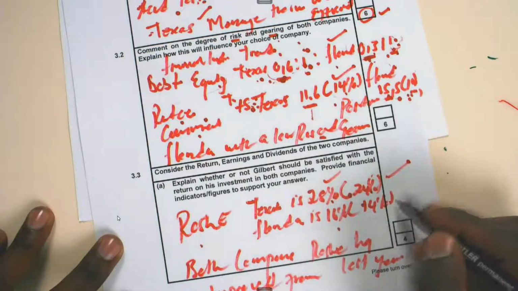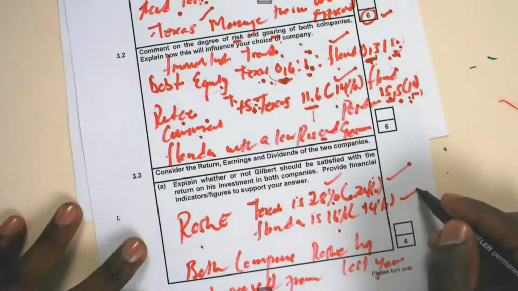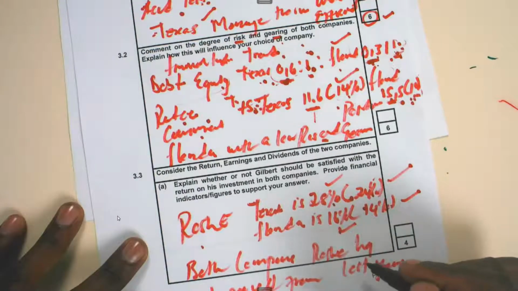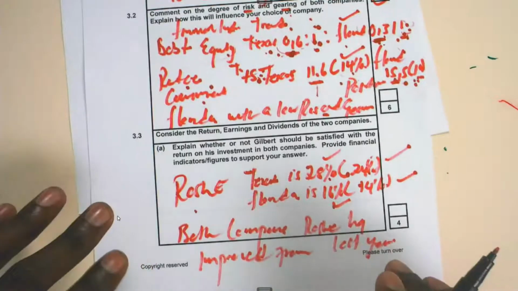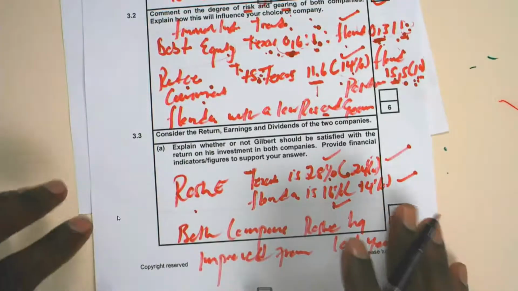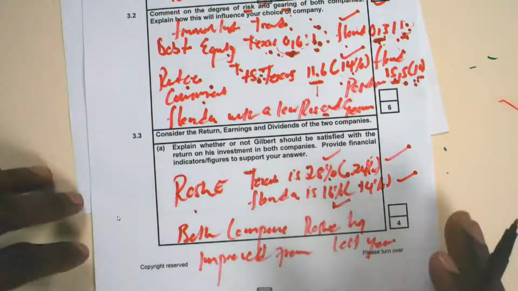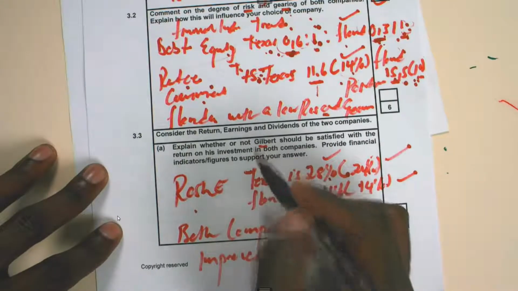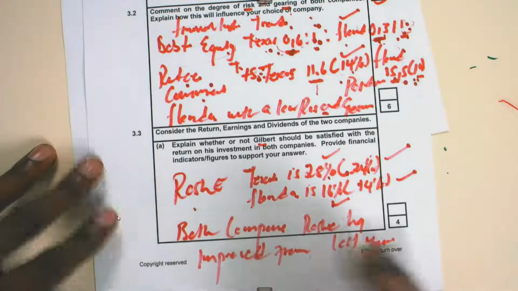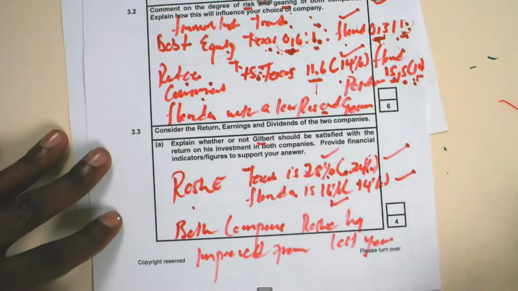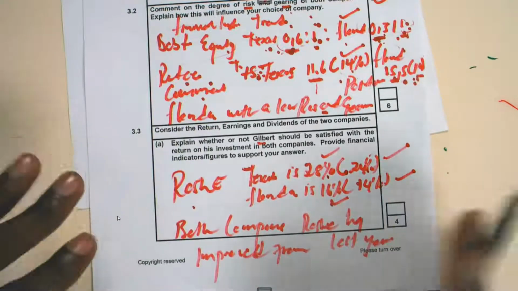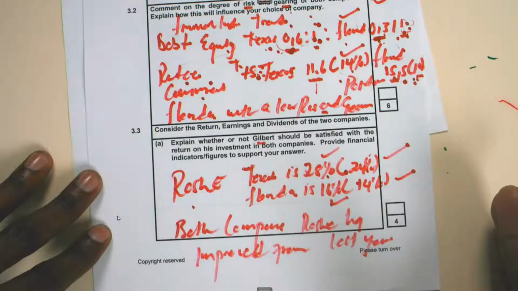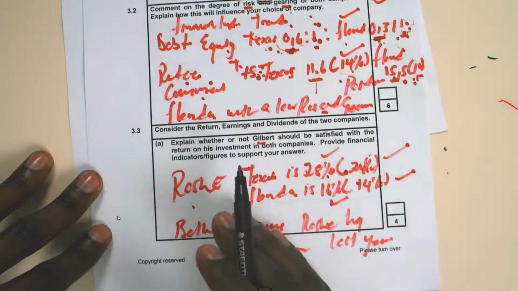In the case of Florida, last year it was 14%, now it's 16%. Even though the increase is only 2%, the point is it has improved, so the shareholders should be happy. As Gilbert is the owner of both companies, he must be happy with both companies because the return has improved from last year to this year.